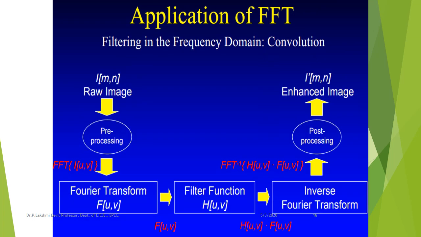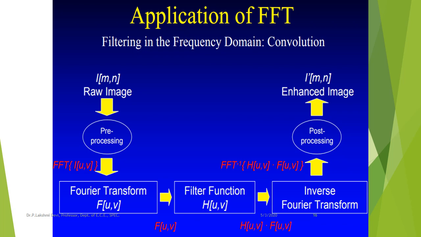Okay, see another total process of the fast Fourier transform as filtering in the frequency domain, which of course is a convolution. We'll call it the raw image. We are representing here I of m n, that is input to the pre-processing unit. After pre-processing, we apply the Fourier transform.